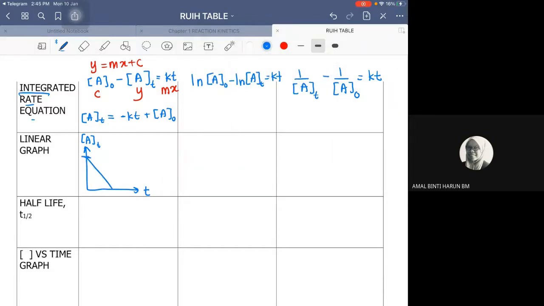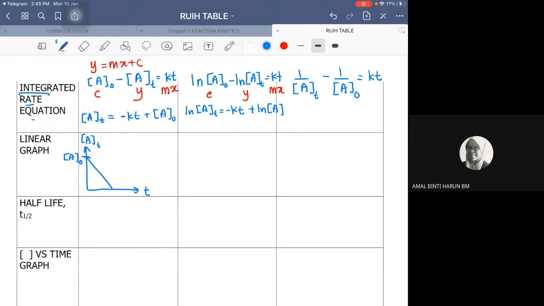Okay, dia akan intercept dekat sini. That is the initial concentration of A. So, Y dia mana? Ni mx dia. Ni Y. Ni C. So, you akan dapat to rearrange ln A time equal to negative KT plus ln A initial.